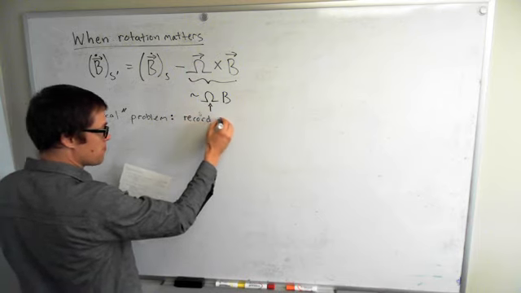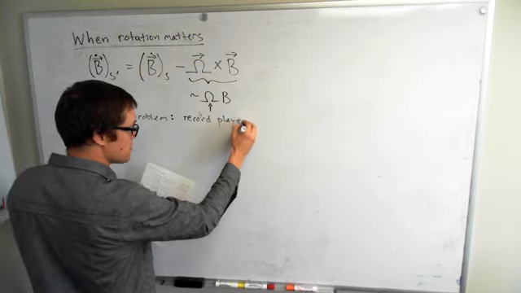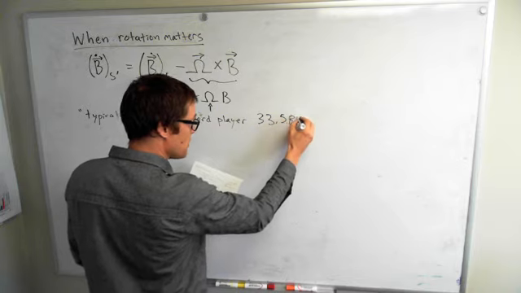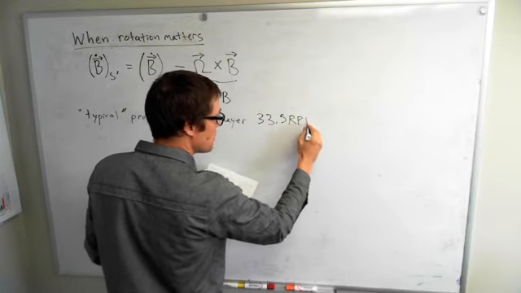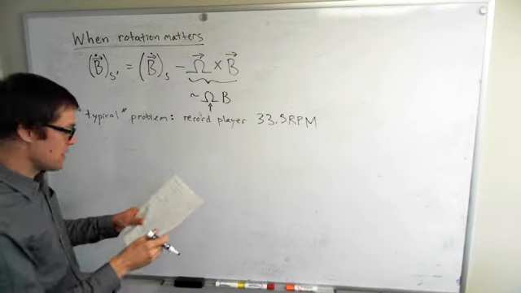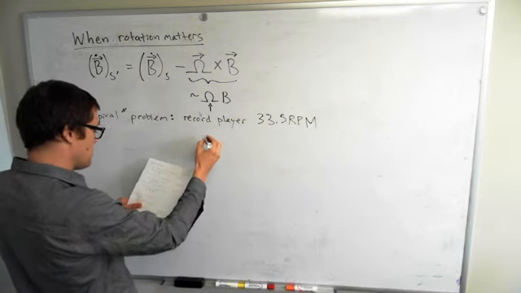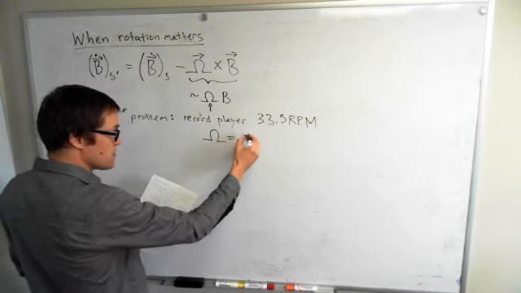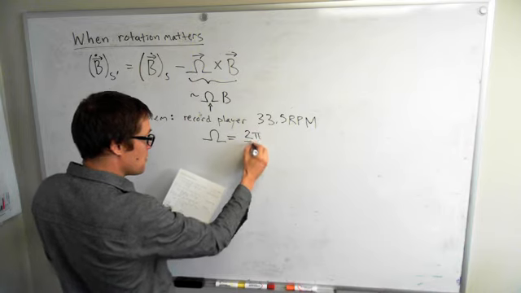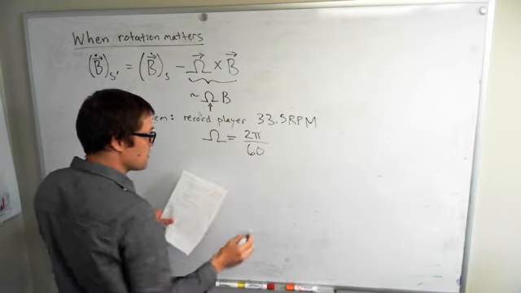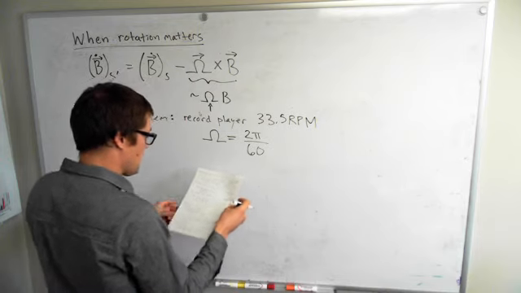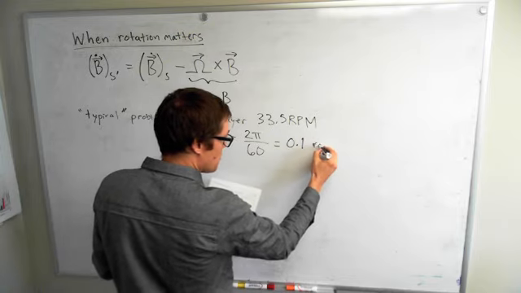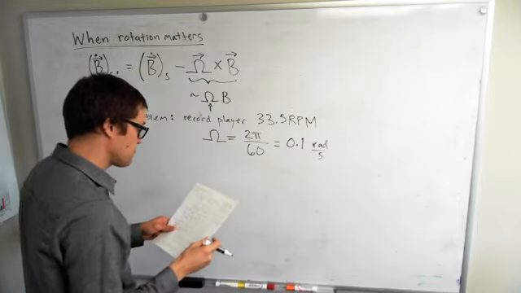A record player rotates at, say, 33.5 RPM, rotations per minute, right? So the magnitude of omega here is something like 2 pi radians per 60 seconds, roughly. This is equal to about 0.1 radians per second, approximately.